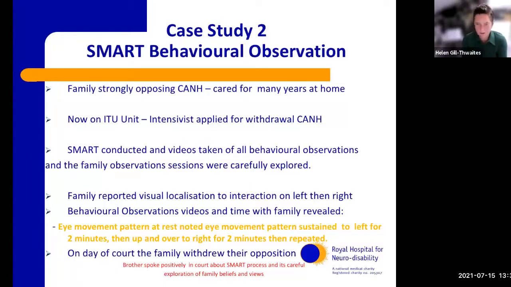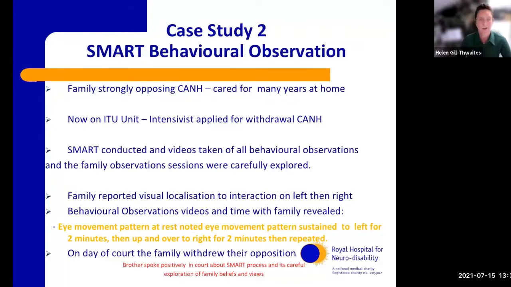They cared for this patient for many years at home. Now the patient is on an ITU unit, and the intensivist, who is obviously highly experienced, had made a decision to apply for withdrawal of clinically assisted nutrition and hydration, but the patient had never had a proper PDOC assessment.